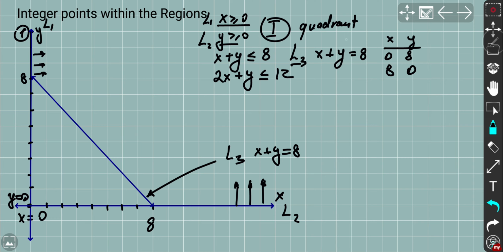So I'll show you one more time how to do that. If you transfer x to the right side of the inequality, you'll get negative x plus 8. That means this is your line 3 equation, and your y satisfying that inequality should be less or equal. So the region is simply below this line.